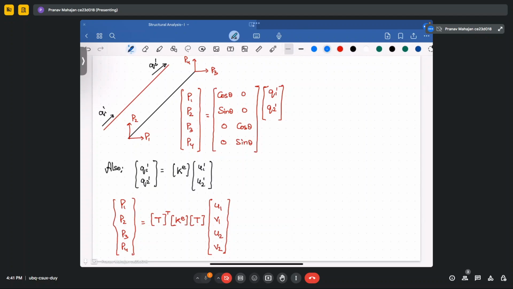This matrix that we derive from the local stiffness matrix would be your global stiffness matrix.